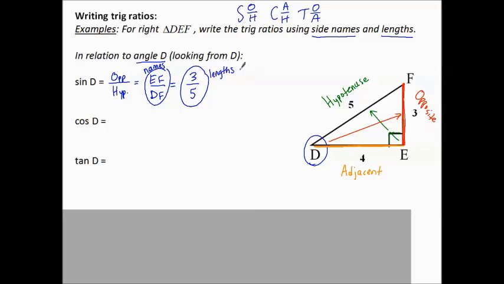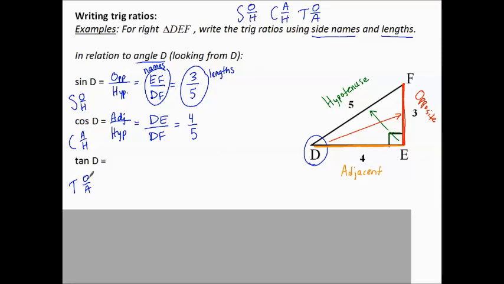Let's try the next one. Cosine. So remember, CAH. Cosine is adjacent over hypotenuse. So all we have to do is look at what we labeled. Adjacent is DE. Hypotenuse again, DF. This time the numbers are 4 and 5, so 4/5.